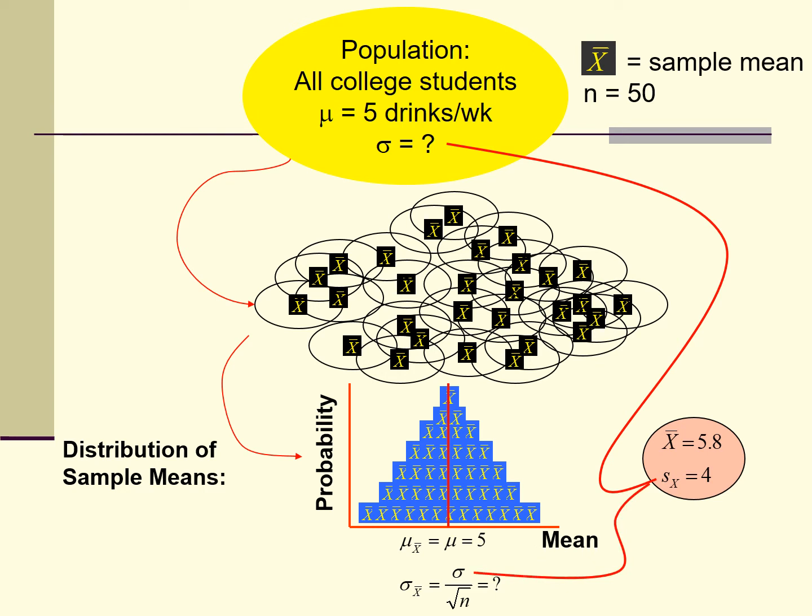Then we can estimate the standard error of this distribution of sample means. The estimated standard error of x bar equals the sample standard deviation divided by the square root of the sample size. So it is 4 over the square root of 50, which is 0.57. Remember that this standard error is estimated from our sample of 50 Hofstra students.